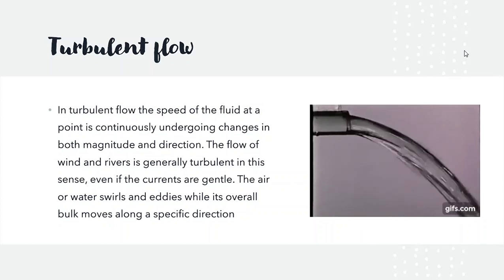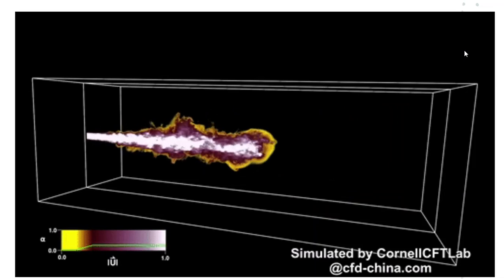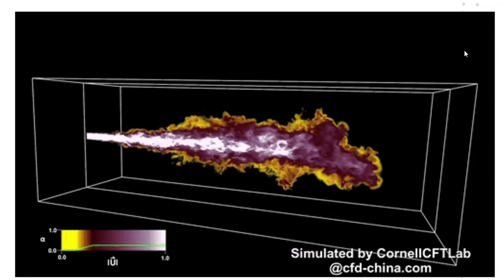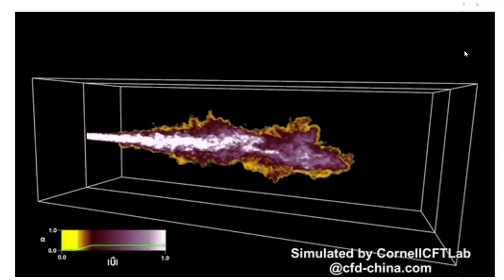At any point in the fluid, the velocity of the fluid changes in its direction or its magnitude. So this nature of flow is known as turbulent flow. And watch this. The fluid is coming from here, and it is going to be turbulent in nature.